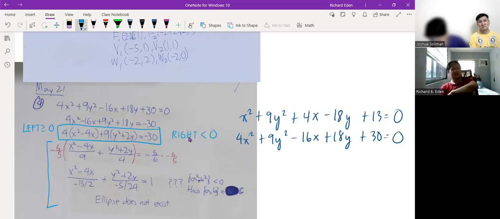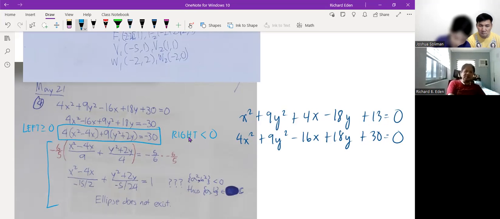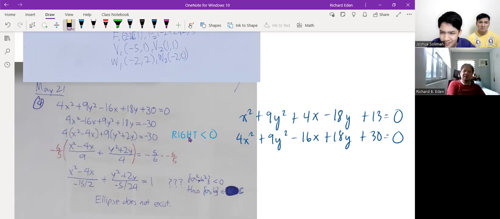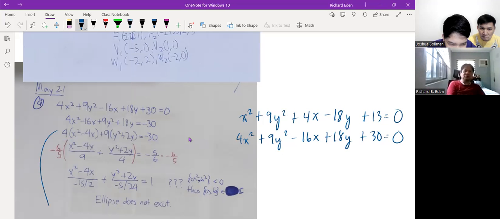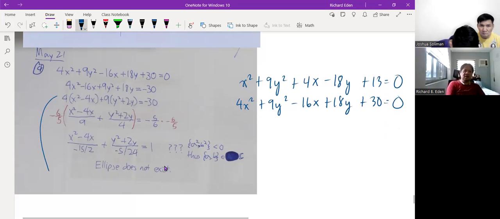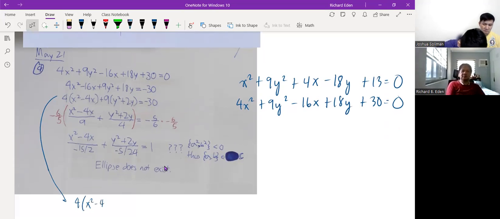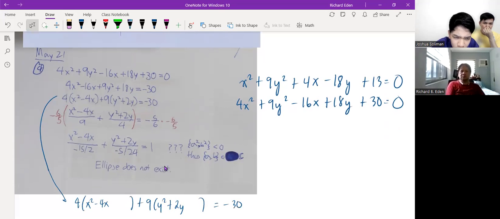Okay. Hold on. Actually, the analysis is incomplete because you have not completed the square yet. You haven't completed the square, so who knows what this would have turned out to be. So plus 4.